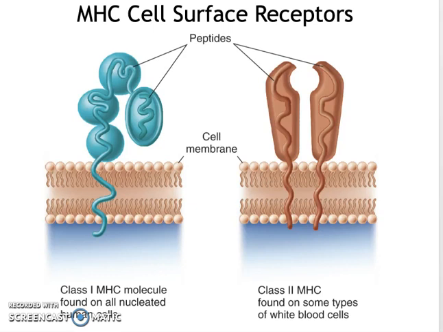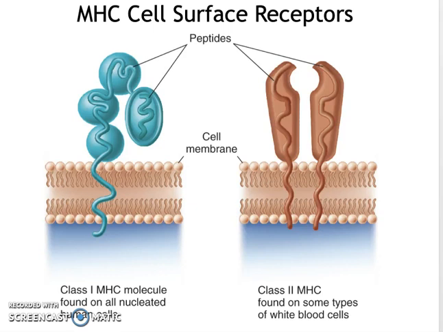That is why these molecules are the basis for organ transplantation rejection. Because if someone else were to give you an organ, that organ would have cells with a different person's MHC class I cell surface receptors on the outside, making your immune system recognize it as foreign and target it for destruction.